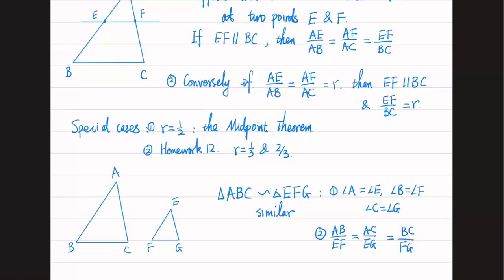This is the definition of two triangles being similar.